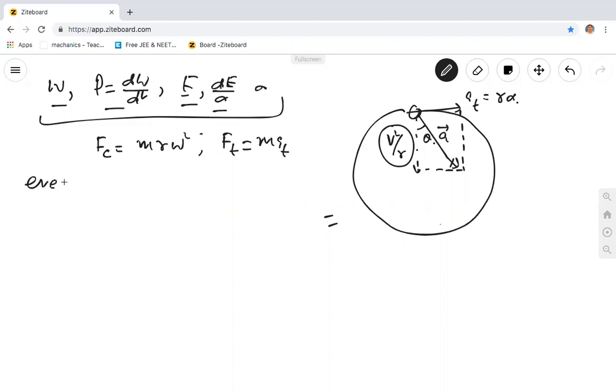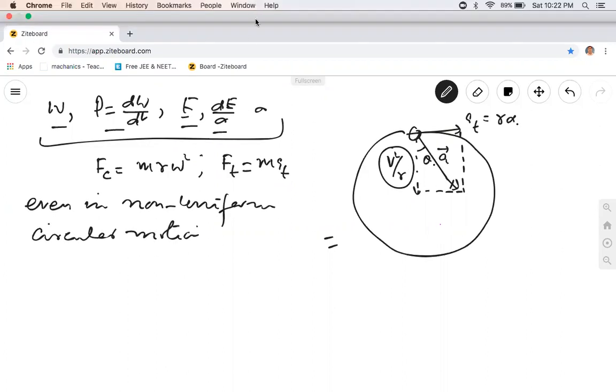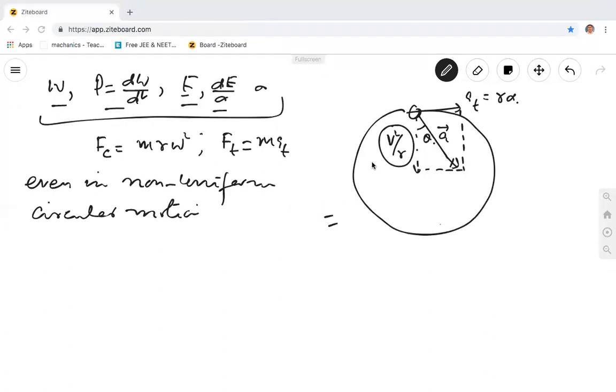Even in non-uniform circular motion, the centripetal acceleration is equal to v square by r or r omega square. That's all.